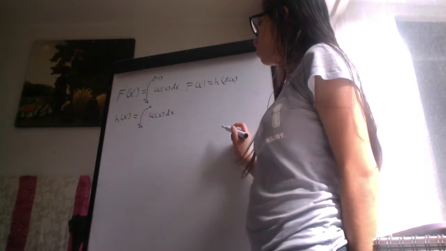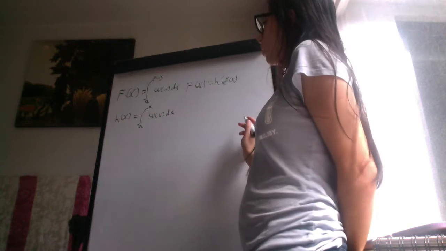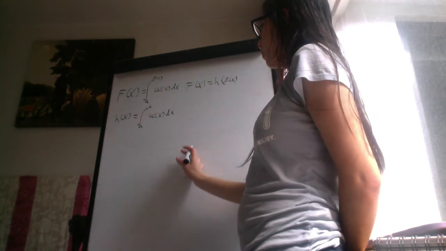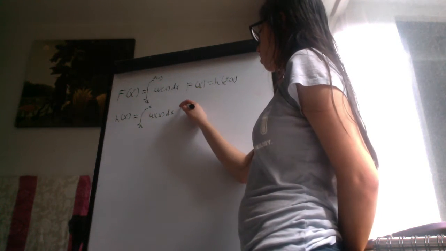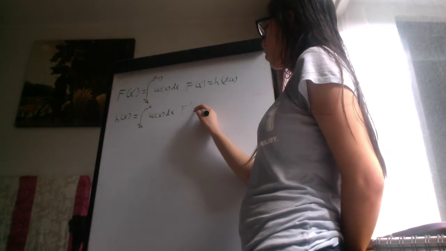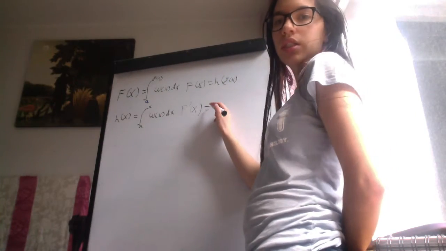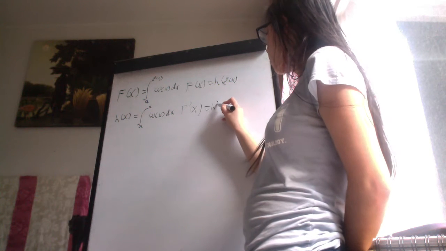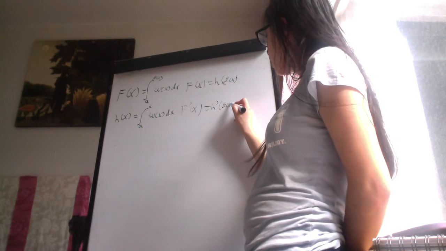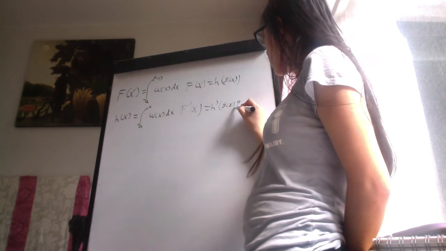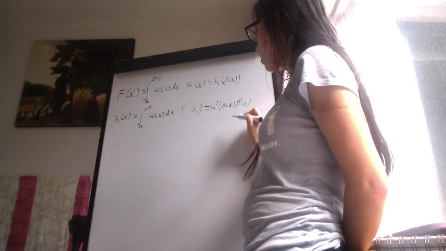Alright, so now what is the derivative of f of x? So f prime of x will be, this is the chain rule, h prime of g of x times g prime of x.